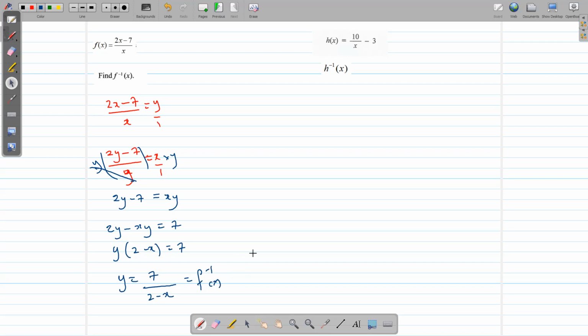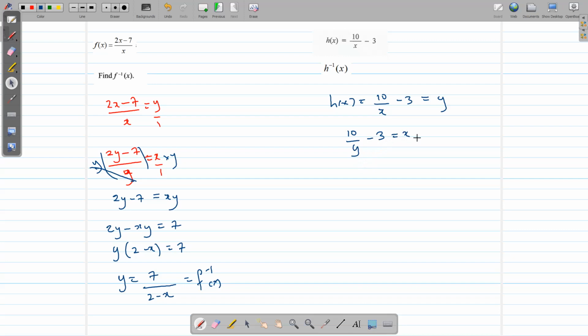Here's another one. h of x is equal to 10 over (x minus 3). We make that equal to y. Then we switch our letters. So we have 10 over (y minus 3) is equal to x.